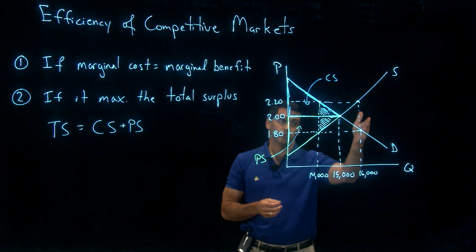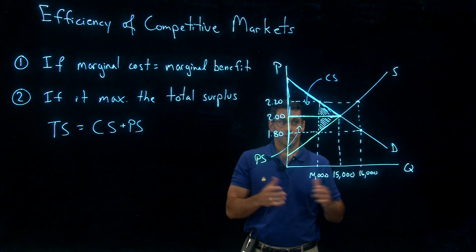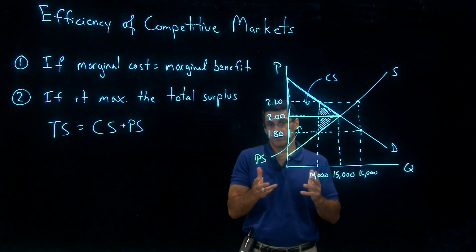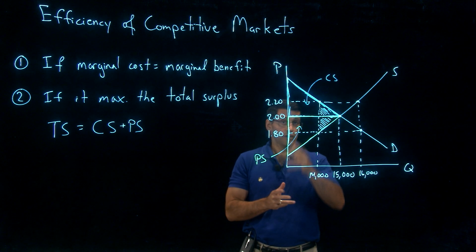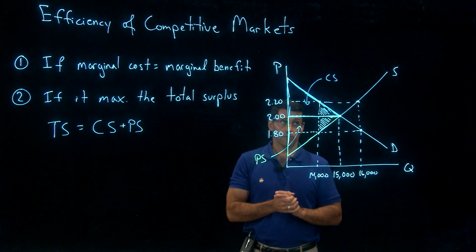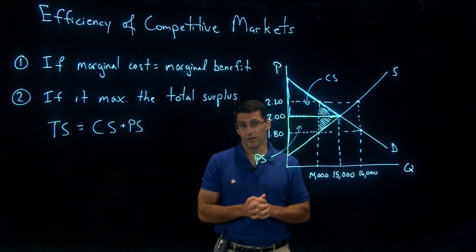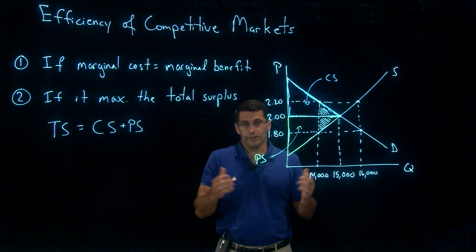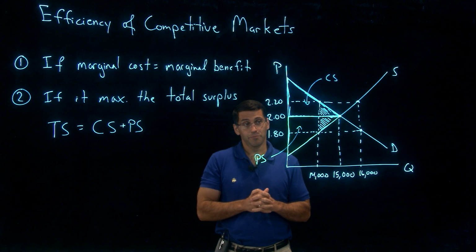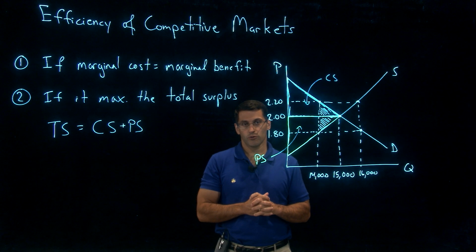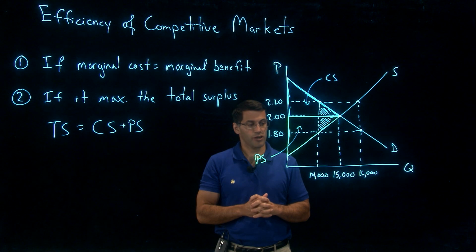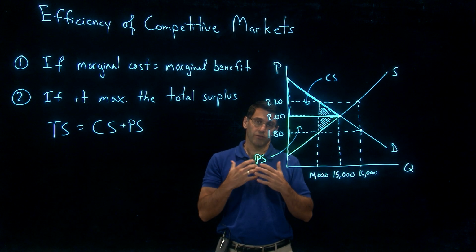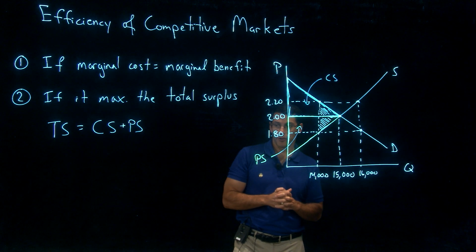If you produce too much, you're going to have a hard time selling all those units, because if you put the price up at $2.20 in order to encourage firms to supply that much, consumers aren't going to be willing to buy that many units. So you'll end up with a surplus, or an excess supply. Firms will have to drop the price in order to sell those extra 2,000 lattes. So that is our basic concept of economic efficiency in a competitive market.